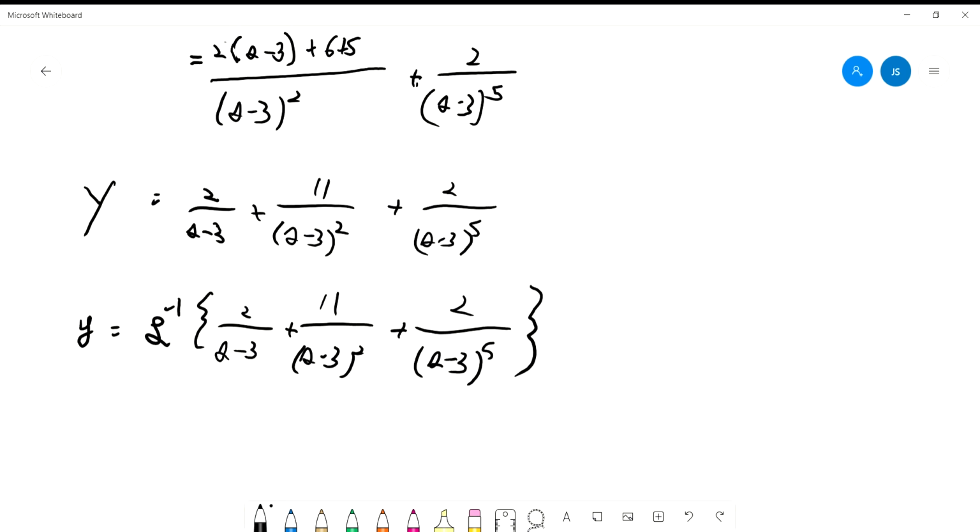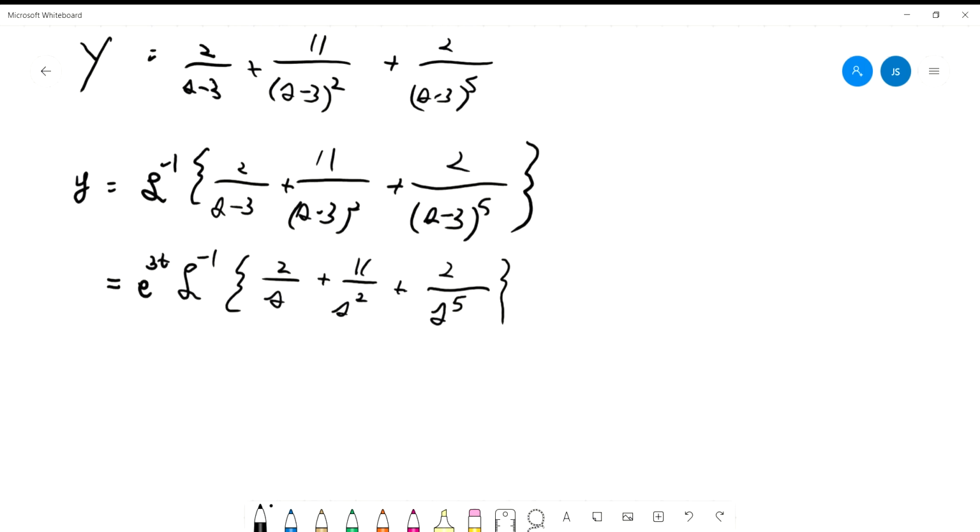We can think of the translation by 3 units to the right on the s-axis. And when we take the inverse transform, that's the equivalent of multiplying by e to the 3t. So we have e to the 3t times the inverse transform of 2 over s plus 11 over s squared plus 2 over s to the fifth.